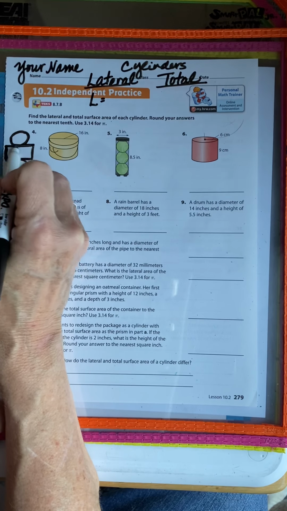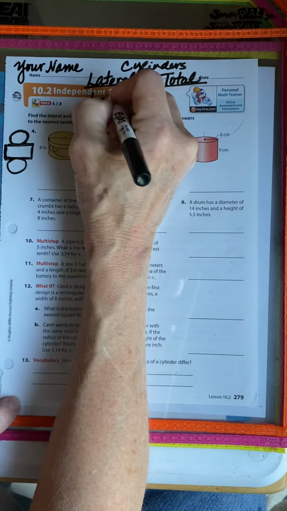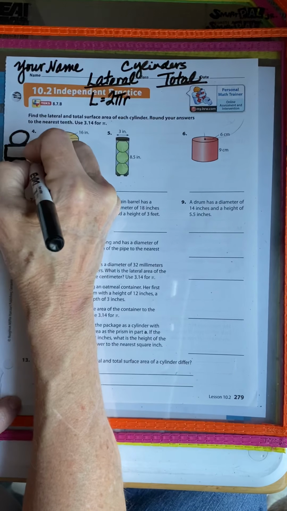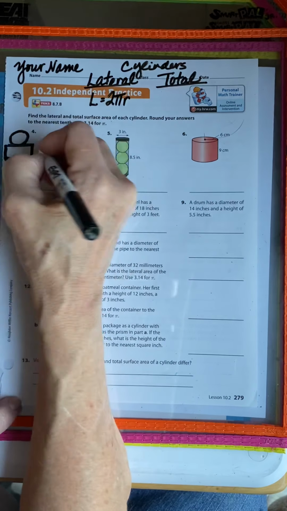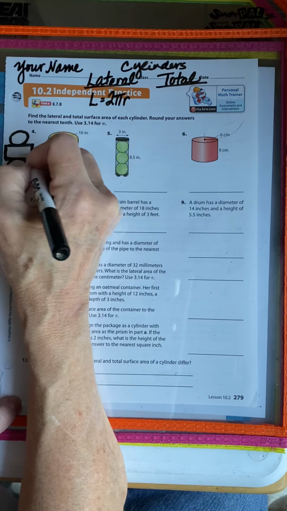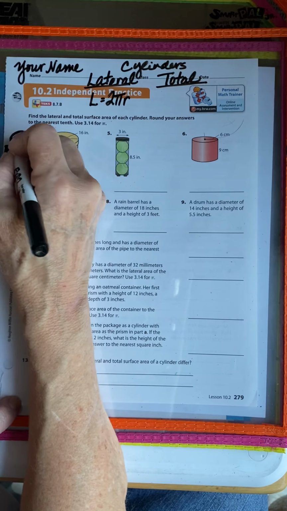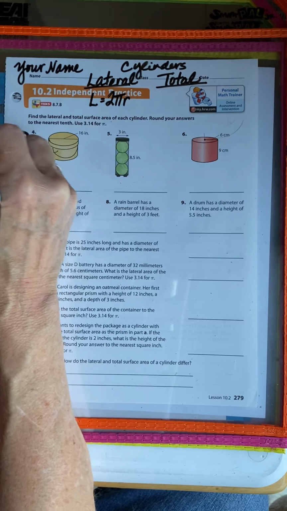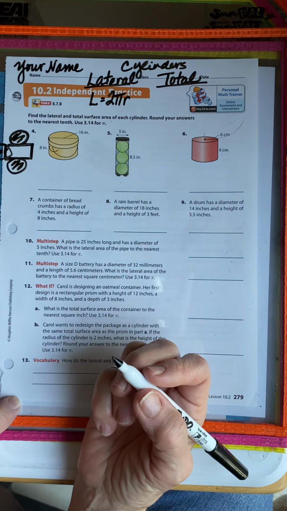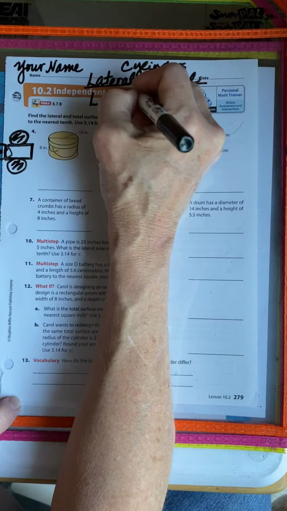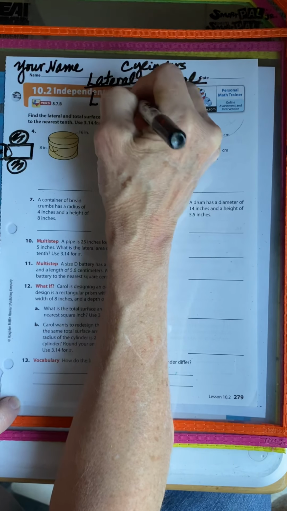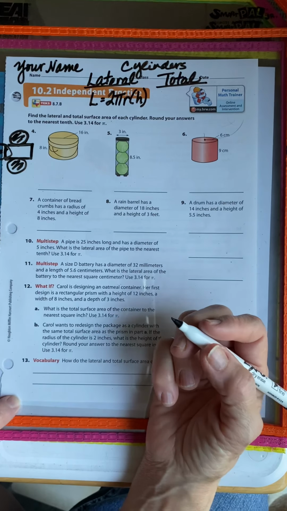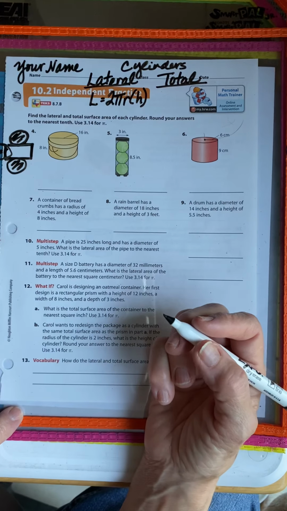Do y'all agree with that? So it's 2 pi r times the height of the cylinder, times this height right here. All right, my friends. So 2 pi r times h. Okay, or 2 pi r h. You really don't need the parentheses.